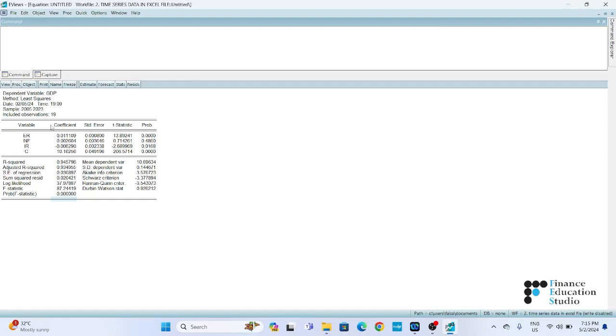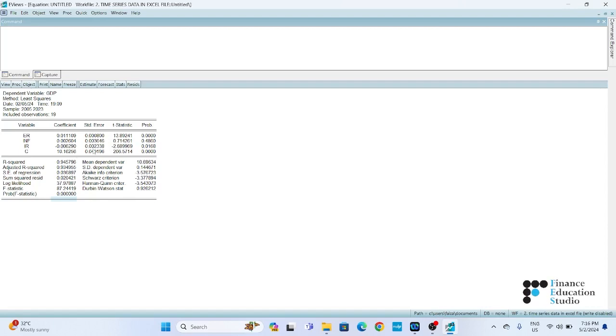Now looking at its coefficient, which is minus 0.0062, this means that a 1% increase in interest rate will decrease GDP by 0.0062 unit or percent, because there is a significant negative relationship between interest rate and GDP according to this data set. In this manner, you can interpret your regression coefficients.